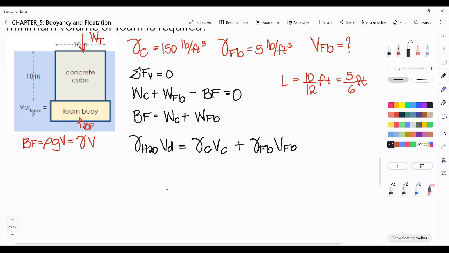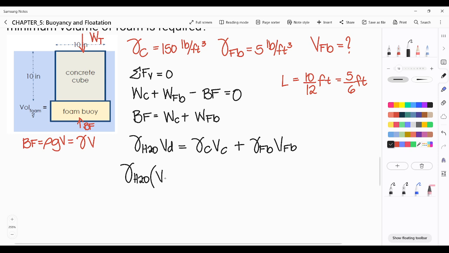From here, we know that the volume displaced here, since parehong nakalubog yung concrete cube tsaka yung foam buoy, yung volume displaced natin dito is simply yung volume ng concrete tsaka ng foam. So, it's additive. From here, the gamma of H2O times the volume displaced is yung combined volume ng concrete cube tsaka ng foam buoy. So, let's just add the volume of each.